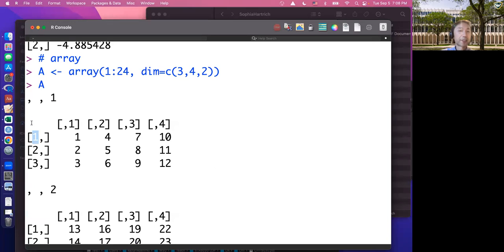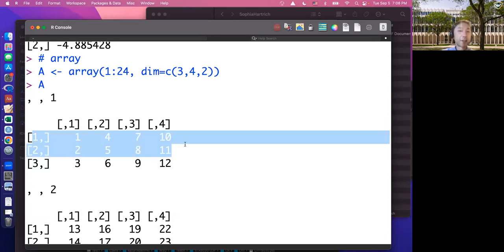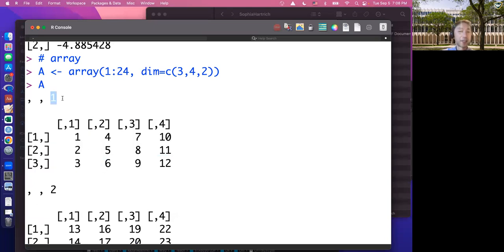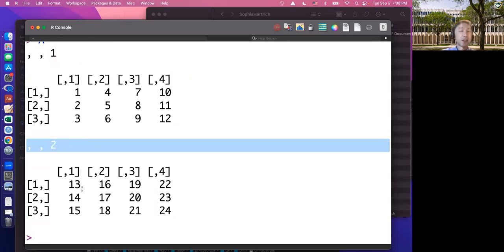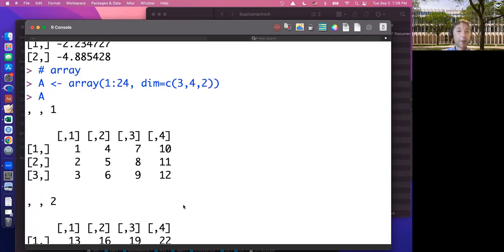The first matrix is this 3 by 4 matrix. So this is the first row, and this is, for example, the second column of the first matrix. And this is the second one. So this is, for example, the third row and fourth column of the second matrix. So in this way, we can generate an array with more than 2 dimensions.